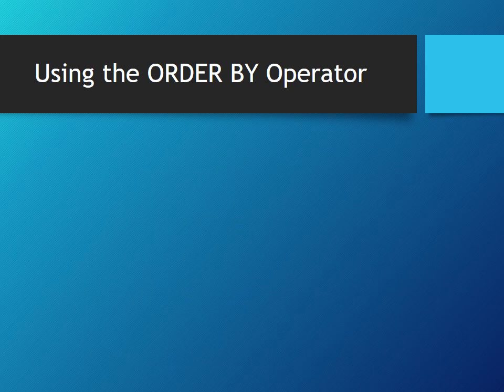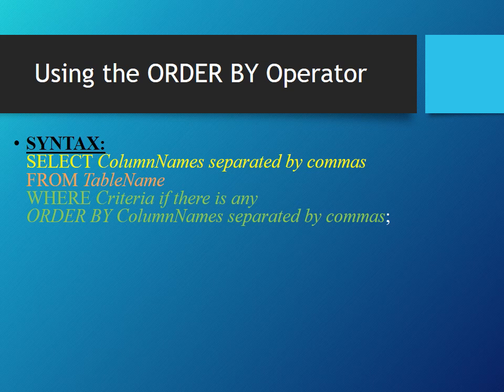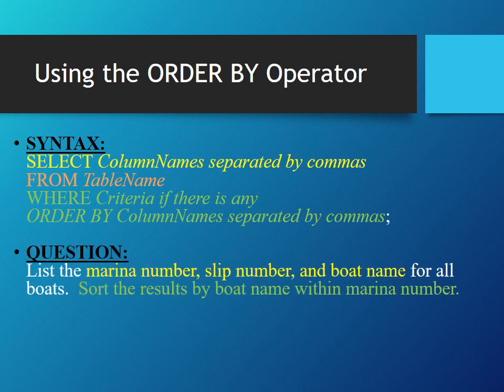For the syntax, we have select column names separated by commas from table name, where criteria, if there is any, order by column names separated by commas. For the question, we have list the marina number, slip number, and boat name for all boats. Sort the results by boat name within marina number.